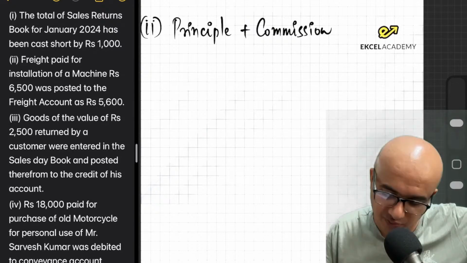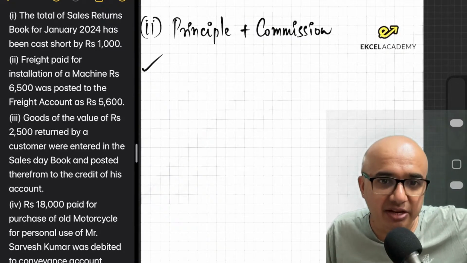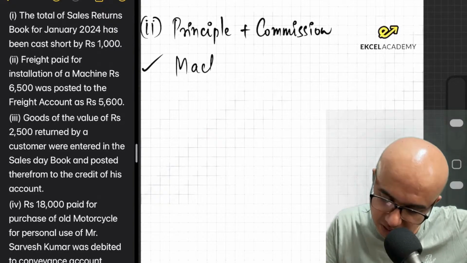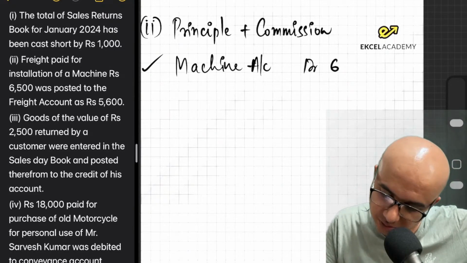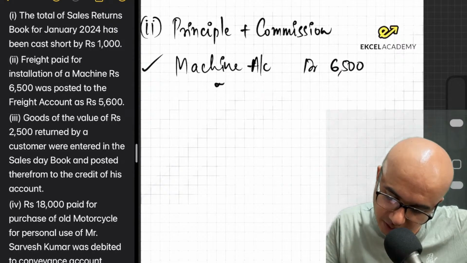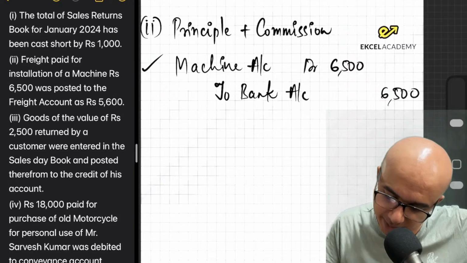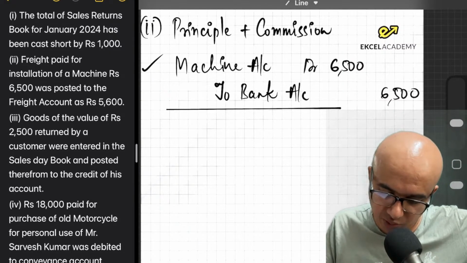Let us try to understand what is the correct entry which they should have passed. The entry, if recorded correctly, would have been machine account debit 6,500 to bank, even though it is freight. As I said, it will be considered as the capital cost. So what did they do?